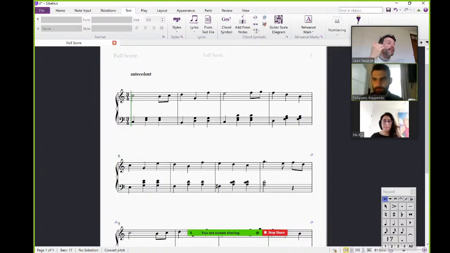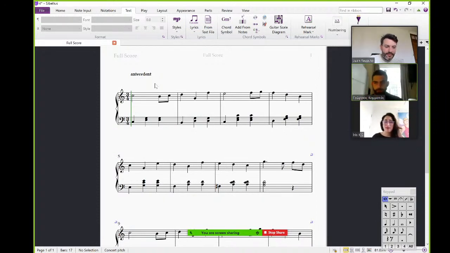But then when he talks about it, he talks about the compound antecedent, the compound consequent. But I agree with him in that if you write antecedent here and you write sentence below, you can choose to write compound antecedent or not. It's not incorrect. That's for sure. It is indeed a compound antecedent. Okay, so let's see.